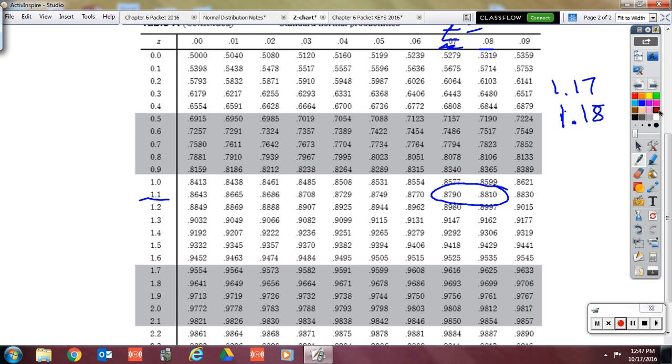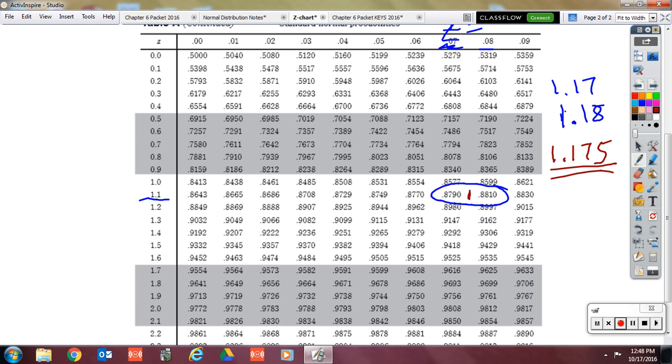When it falls smack dab in the middle, and I don't know which one to pick, which is closer to, I like to go ahead and pick the one in the middle, which would be 1.175. Okay, so I will take any of those three answers for the z-score that goes with that 88th percentile. The one that is most accurate is that one, but if you don't get how to do that, that's fine. Okay, very good.